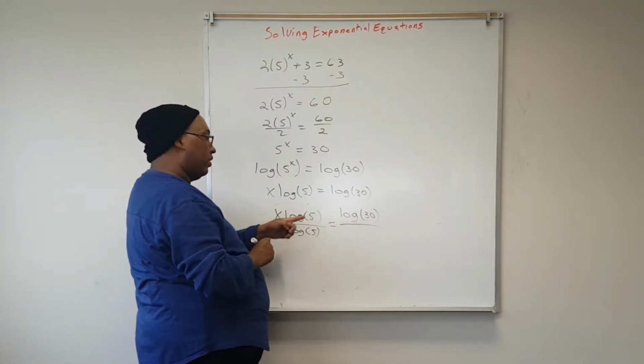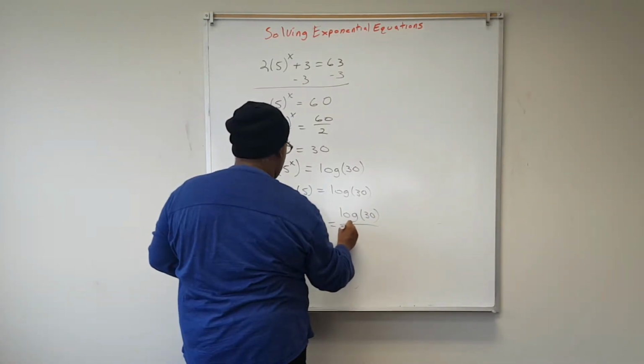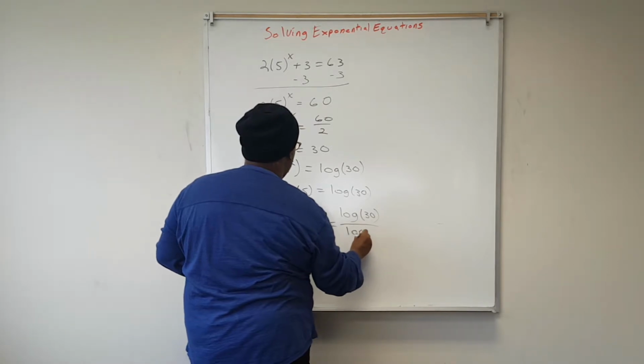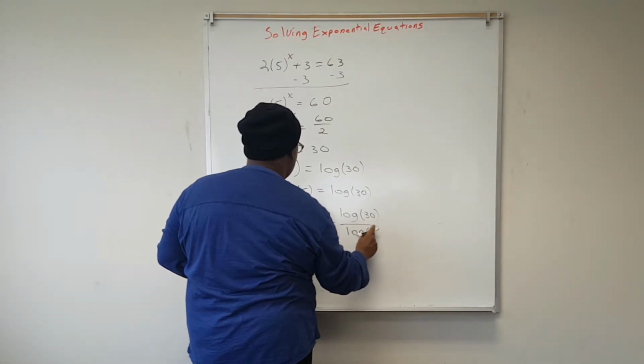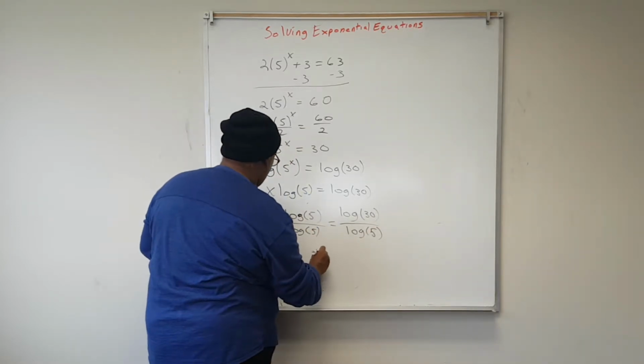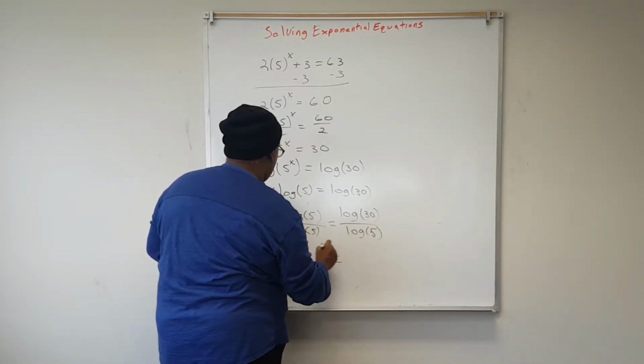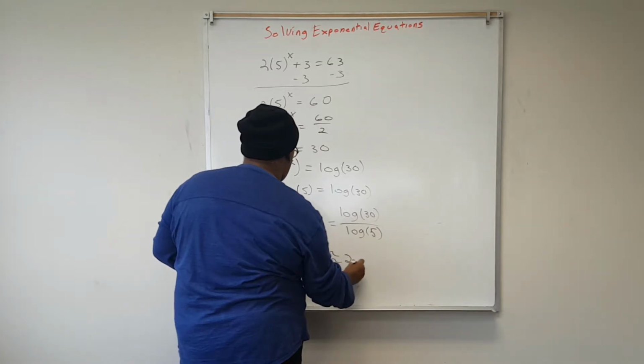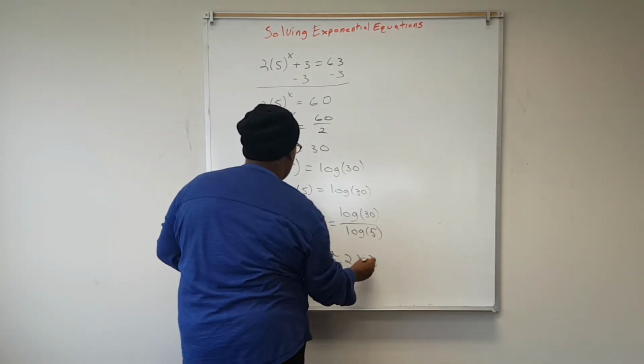Whatever you do to one side, you have to do to the other. So we're going to divide by the common log of 5. x is approximately 2.113.